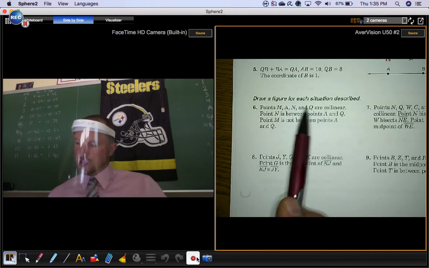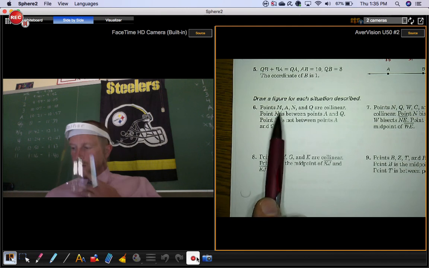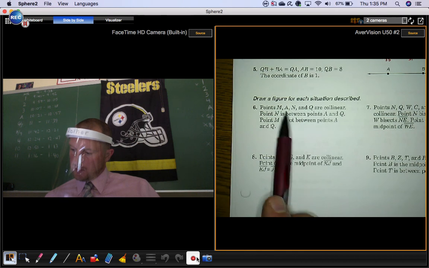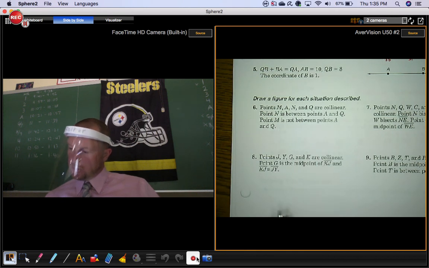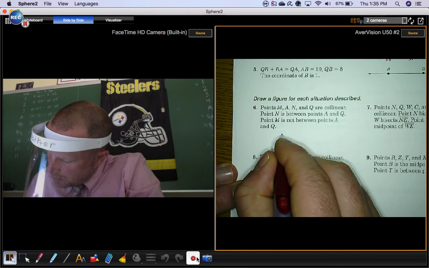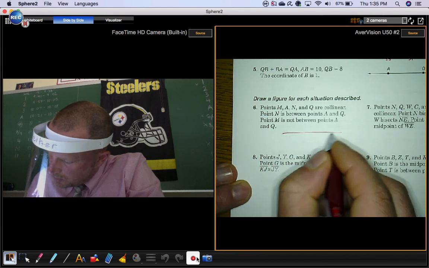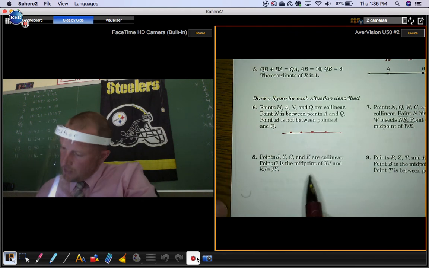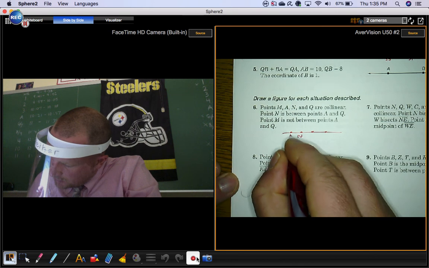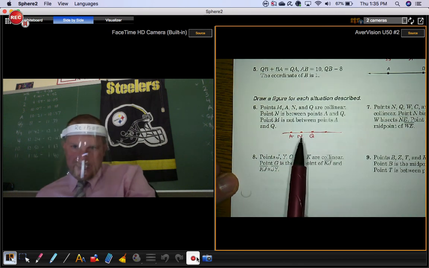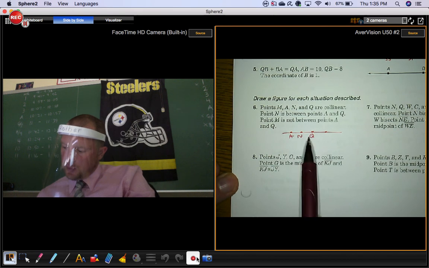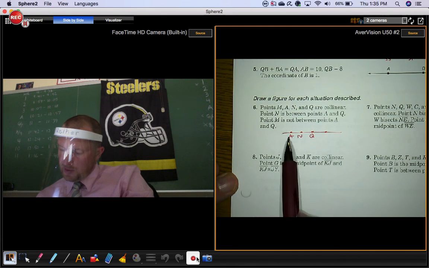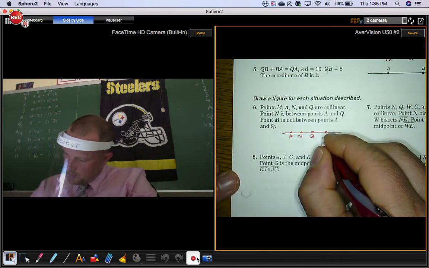Okay, bottom part says draw a figure for each situation. Points M, A, N, and Q are collinear. Point N is between points A and Q. So I just kind of did this where I put point N in between point A and point Q. Point M is not between point A and point Q. So that would leave M there.